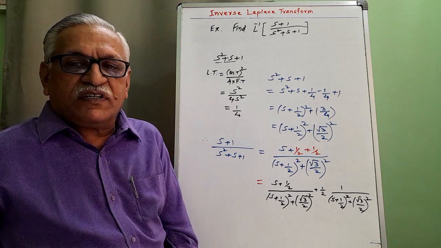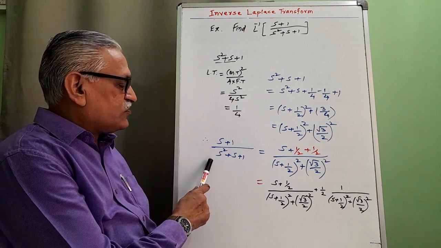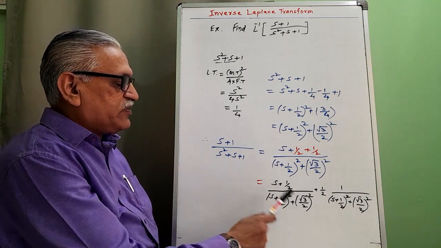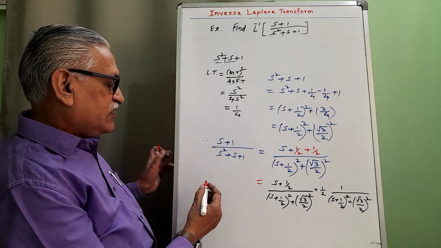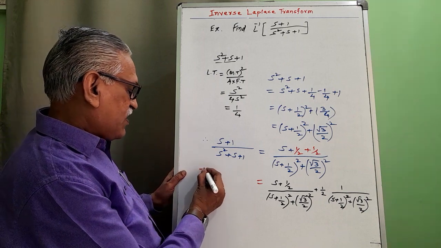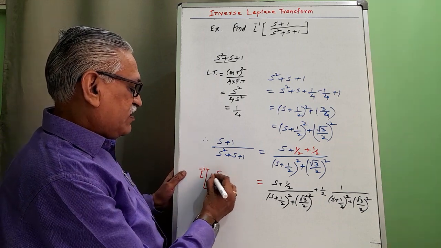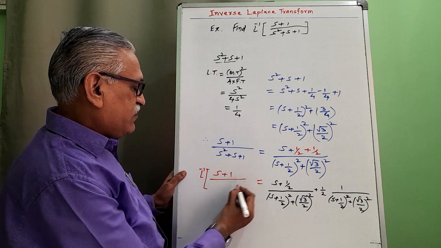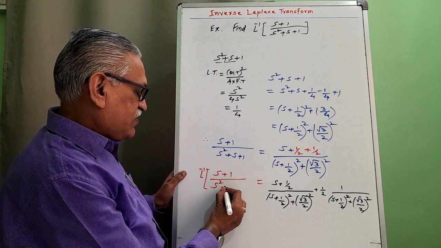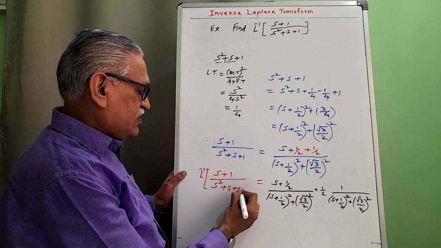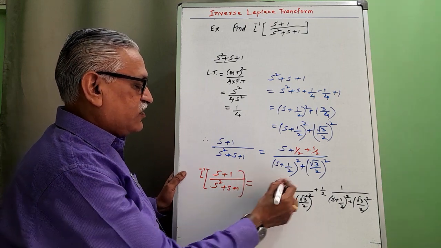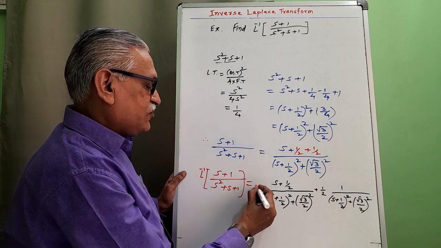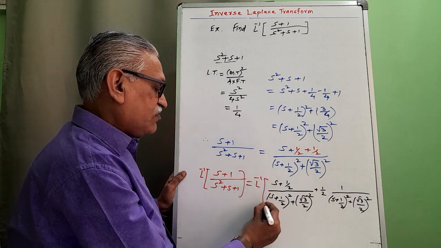After separate division, we can take inverse on both sides. Inverse of left hand side means inverse of right hand side term. Therefore, taking inverse on both sides, we get inverse Laplace transform of s plus 1 divided by s square plus s plus 1, nothing but inverse of right hand side term.